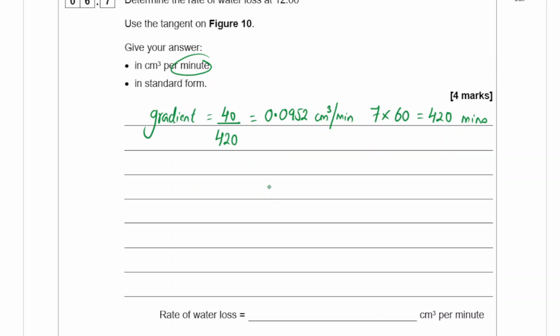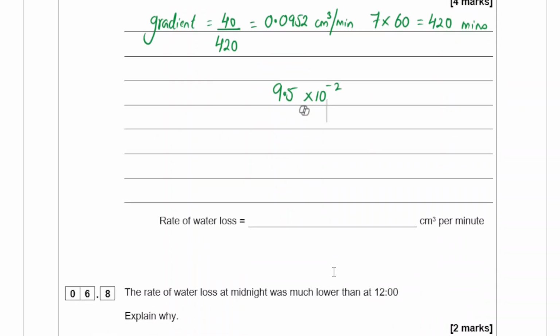In standard form, that would be 9.5 times 10 to the power minus 2.